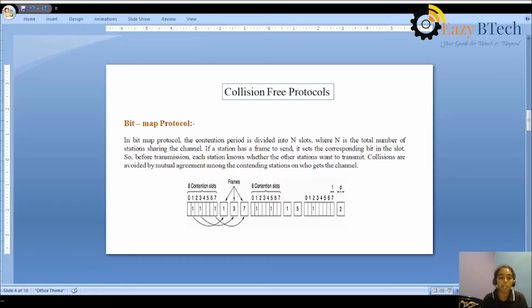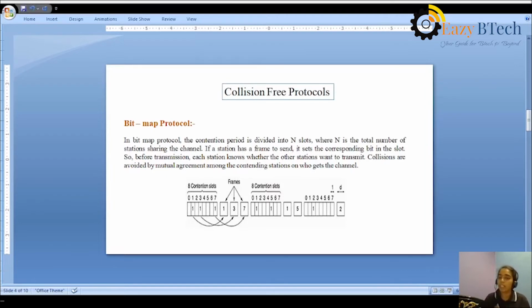The contention period will be divided into n slots and allocated to all the stations working on that channel. If a station has a frame to send, it sets the corresponding bit in the slot.